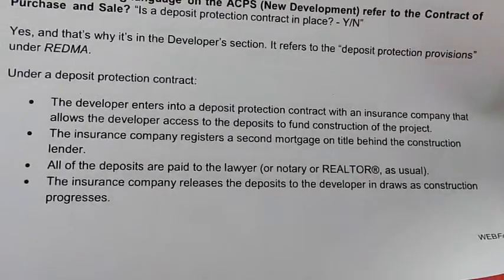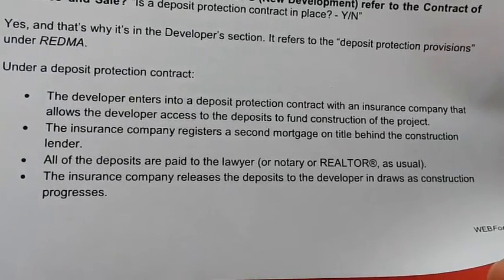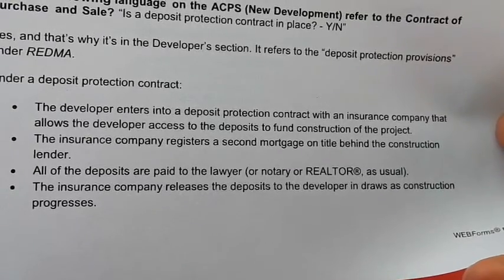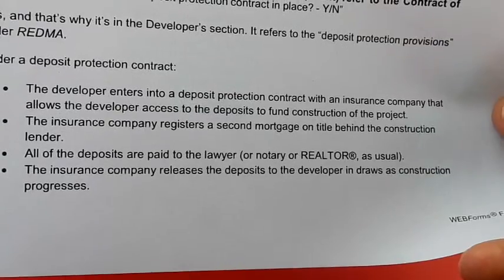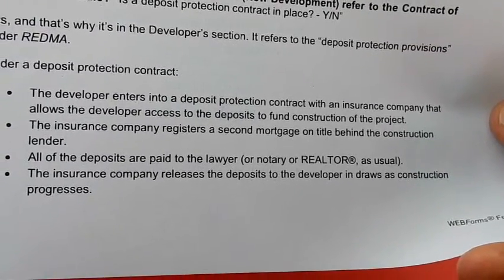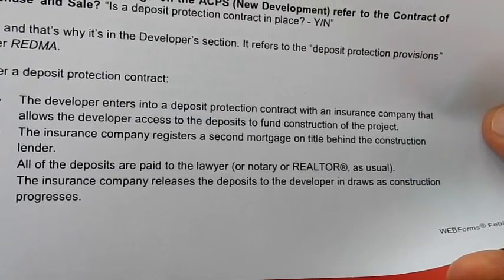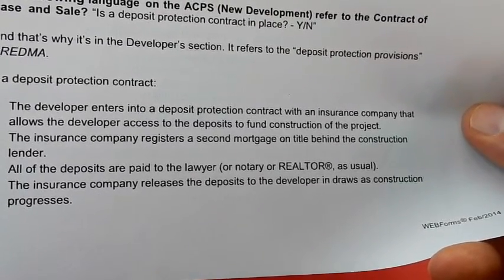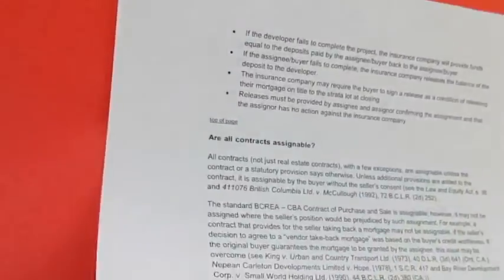Under a deposit protection contract, the developer enters into a deposit protection contract with an insurance company that allows the developer access to the deposits to fund construction of the project. The insurance company registers a second mortgage on title behind the construction lender. All of the deposits are paid to the lawyer or notary or realtor as usual. The insurance company releases the deposits to the developer in draws as construction progresses.